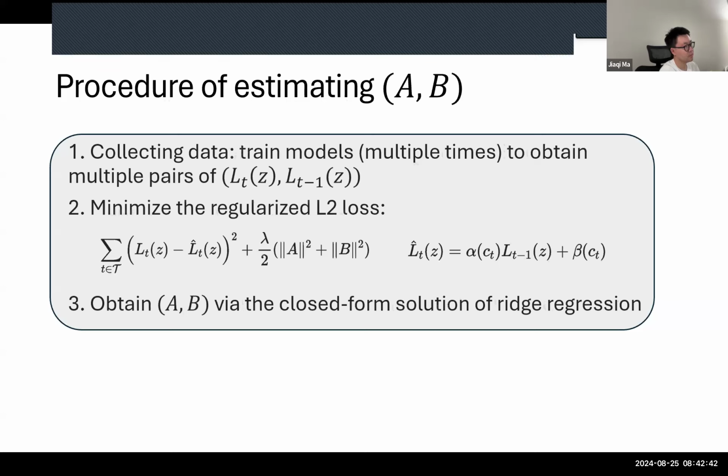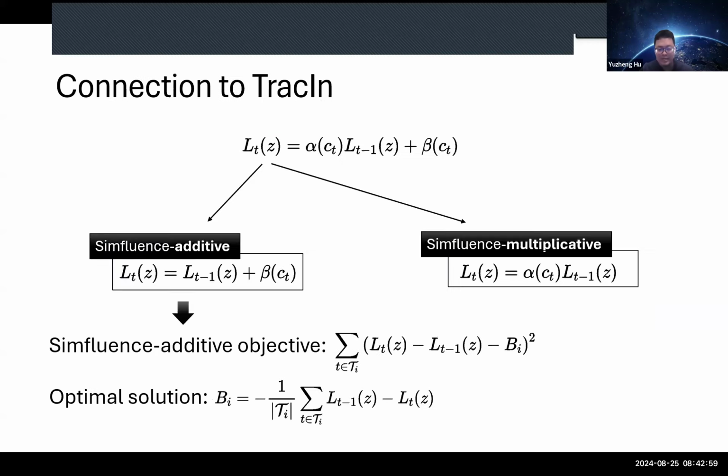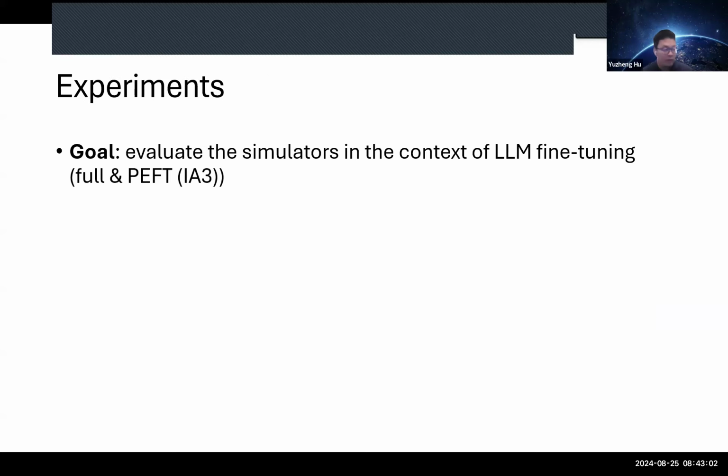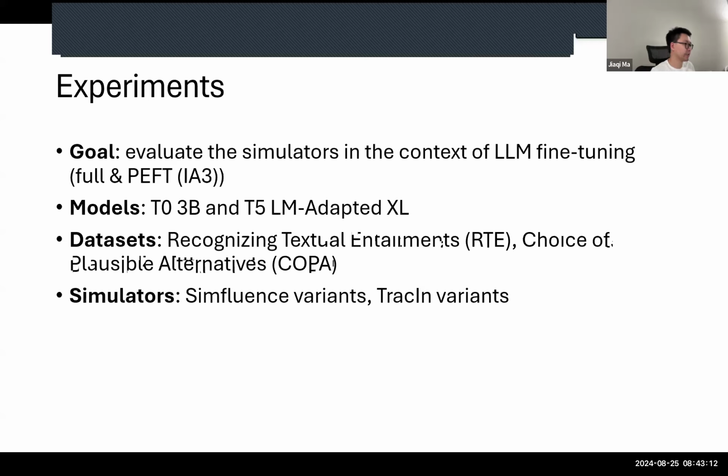The whole point is to obtain pairs of consecutive losses. In practice, I think the authors are doing the first way, training multiple runs. If I recall correctly, for these particular experiments, the number of trainings that they use for each test sample is roughly 30. Yeah, 30 rounds. Oh, okay. Yeah. Thanks.